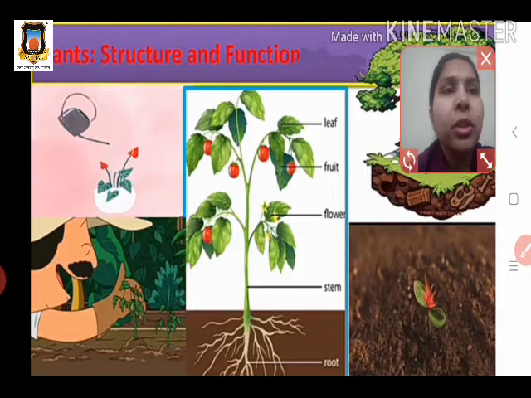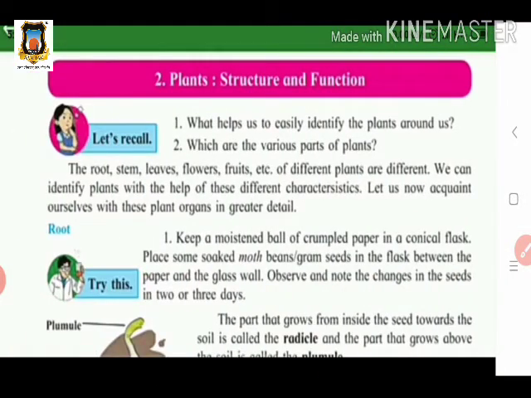Okay, so here you listen carefully. The second lesson is plants, structure and function. Here we see the answers to these two questions. The root, stems, leaves, flowers, fruits, etc. are the different parts of the plants.